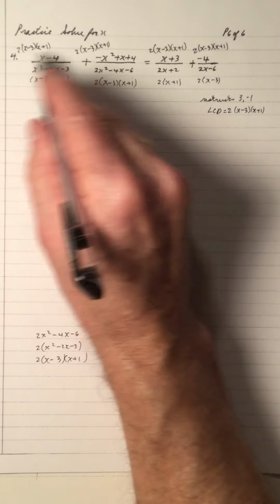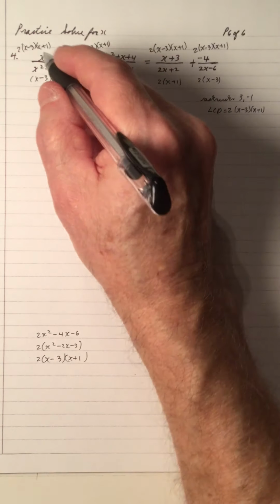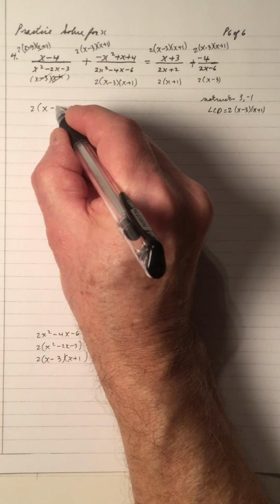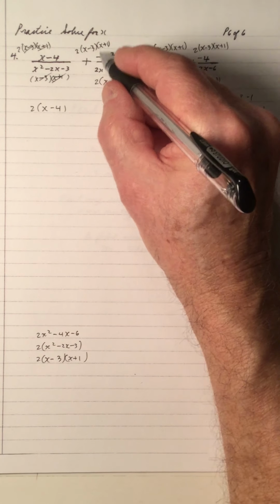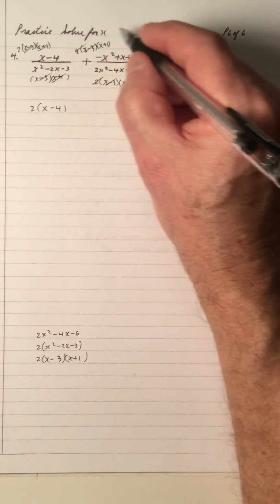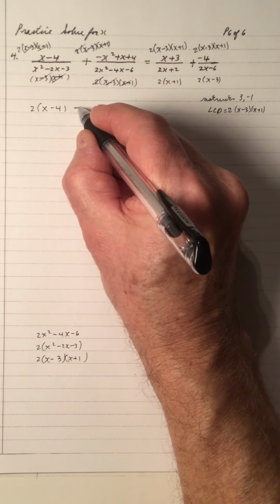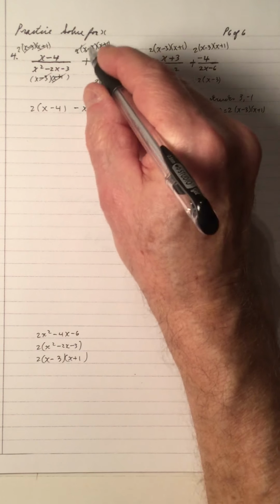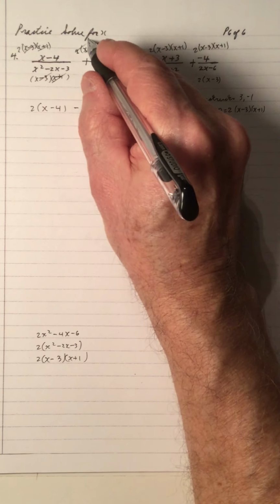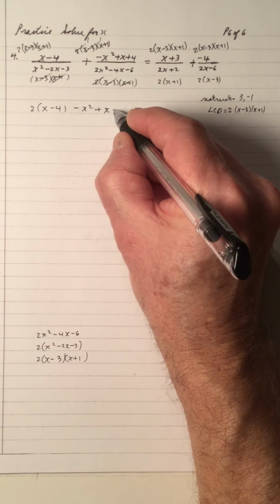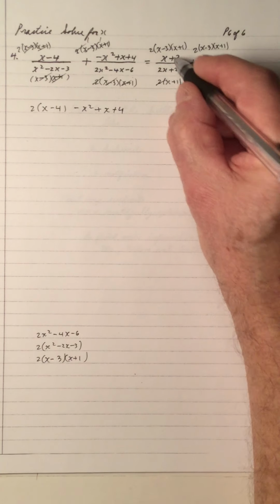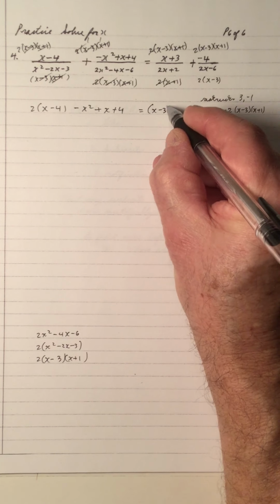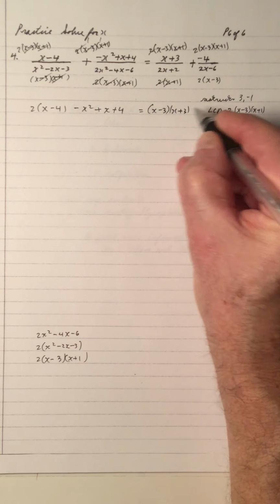So I got 4 fractions, 4 multiplications. So every denominator should cancel. Yep. So I have a 2 times x minus 4. And 2 cancels, the x minus 3 cancels, the x plus 1 cancels. So I get negative x, because that's a 1. Well, I could write down 1 times that, but there's a 1 here, so 1 times that just gives you this. 2 cancels, x plus 1 cancels, so I get x minus 3 times x plus 3.